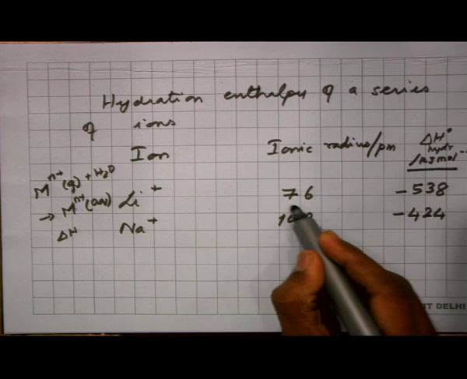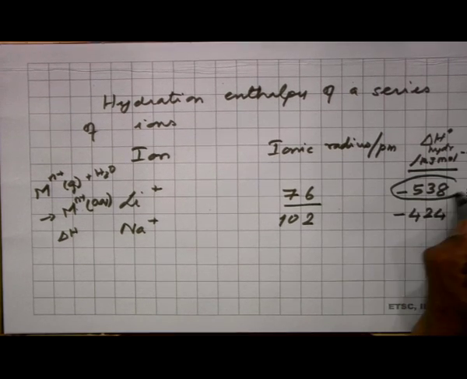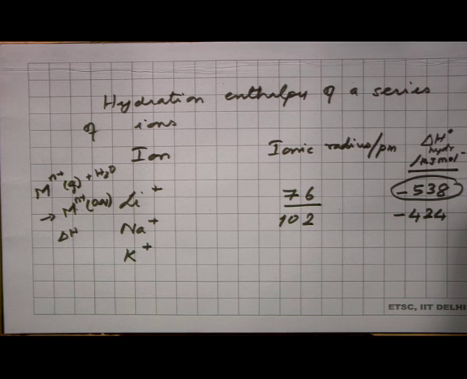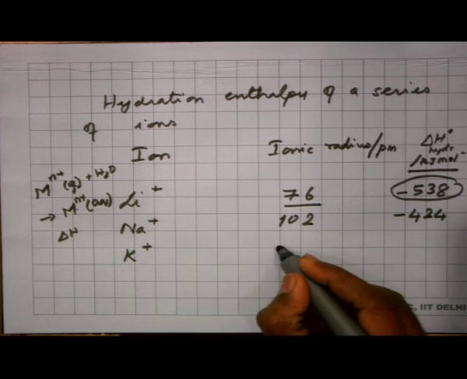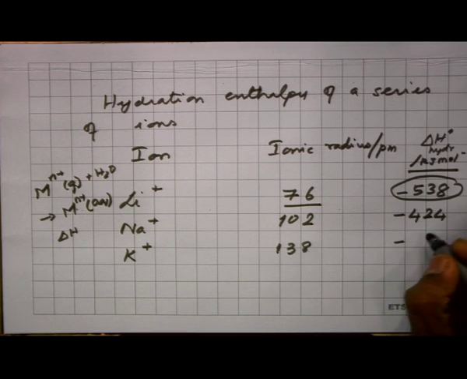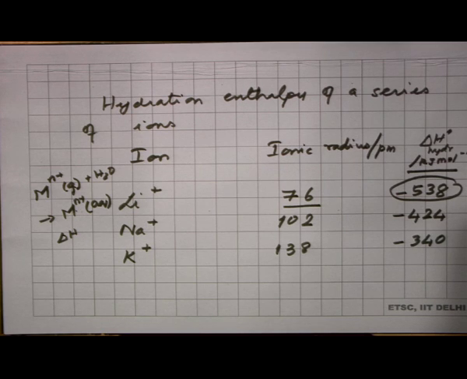So, smaller the ion, larger is this thing, and this trend continues. If I went to K plus, whose ionic radii is bigger than that of even Na plus, the enthalpy of hydration is even smaller. Now, this is for the alkali metal ions.